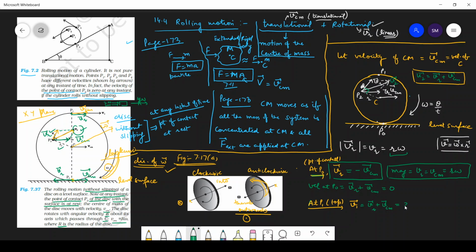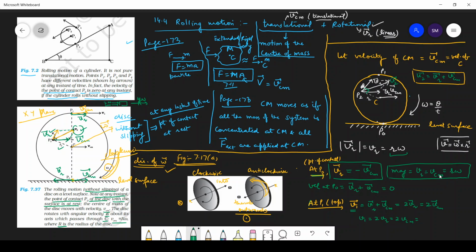So you can write it as this or this. This V1 is twice of this velocity, and its magnitude you can write as 2 VR, or 2 VCM.